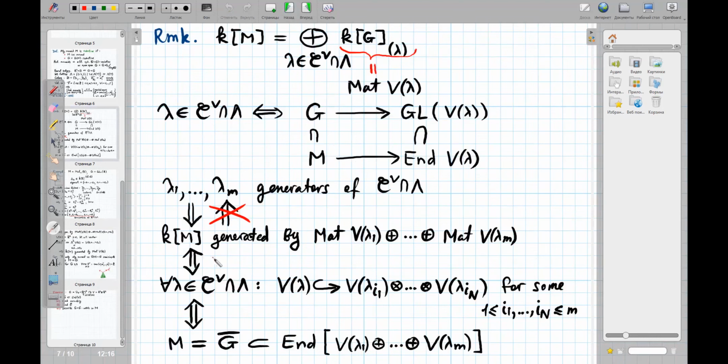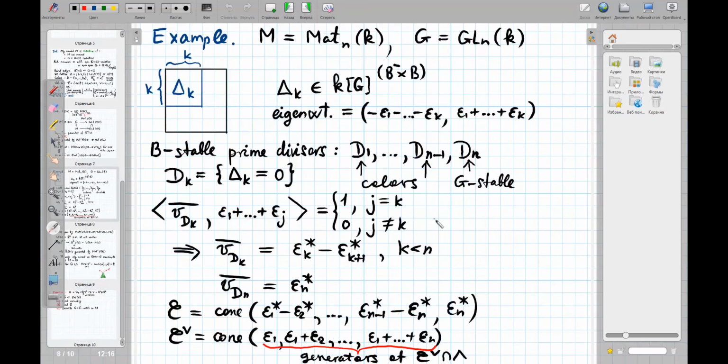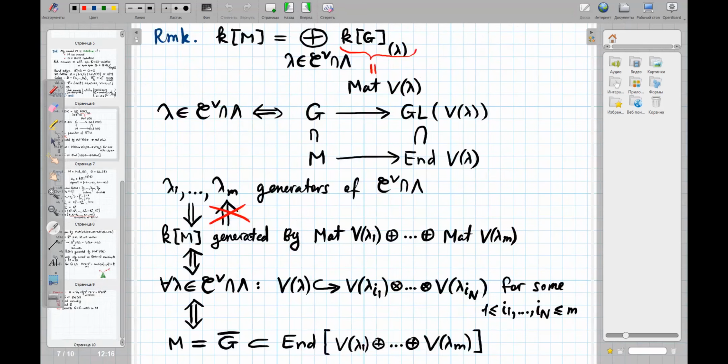So you have finitely many irreducible representations, in this case exactly two irreducible representations. These summands of this direct sum are irreducible representations of G. And you can try to compute some of the tensor products, yeah? It is easy because for tensor products of representations of SL2, we have the Clebsch-Gordan formula, which appeared already in the first lecture.